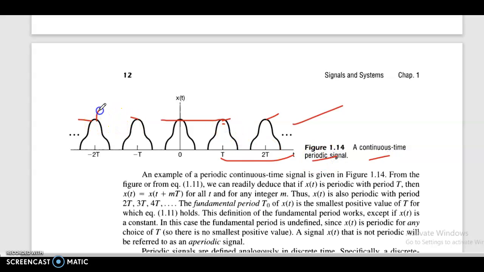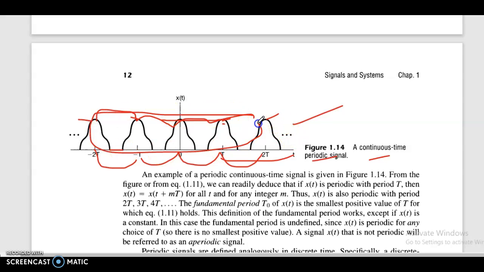What is the same here? The signal over the periods from minus 2T to minus T, minus T to 0, 0 to plus T, and plus T to plus 2T is the same, coming periodically. That's why it is a continuous periodic signal.